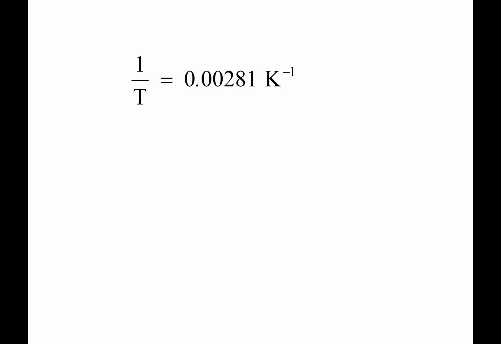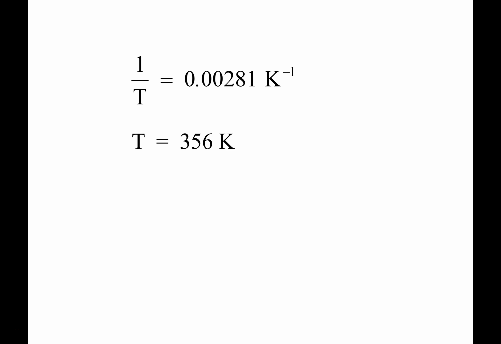Units are inverse kelvins. So to get the temperature, and I don't have it here, so I'm just going to go ahead and try it out. To get the real temperature, if you take 1 divided by 0.00281, you get 356 Kelvin. Whoosh. Kelvin's not a temperature that most people deal with.